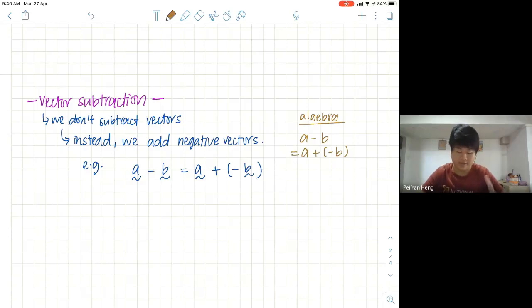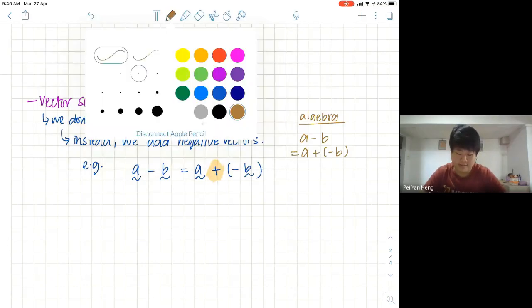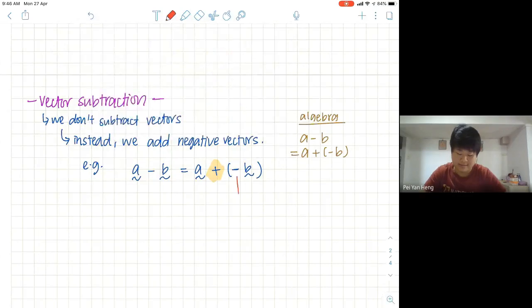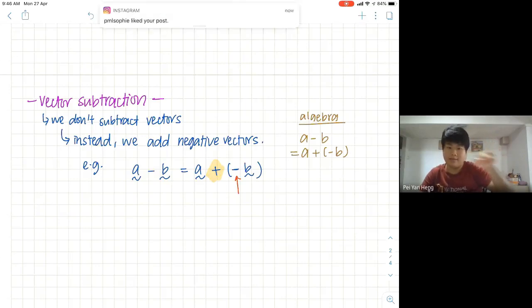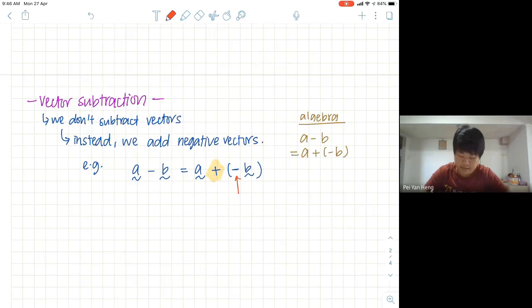Remember, with vectors we don't subtract, we add. So what does the negative mean here? If you have a vector and there is a negative in front, the negative means opposite direction.